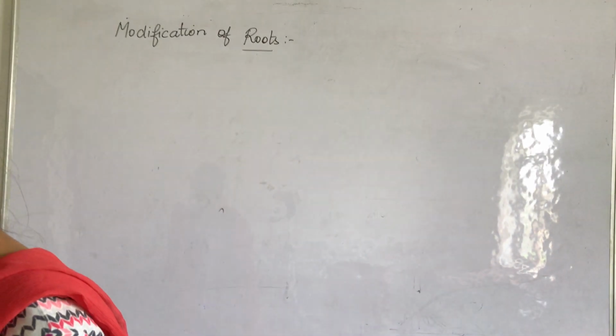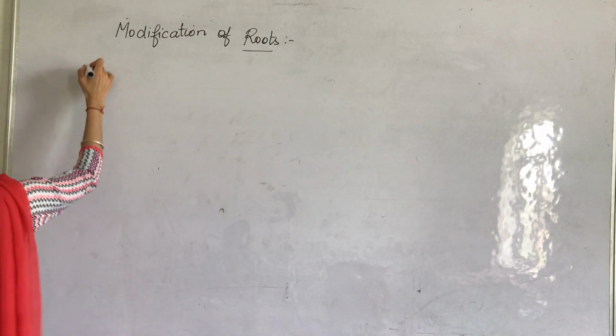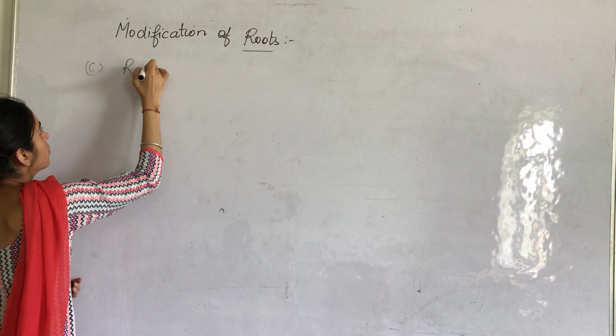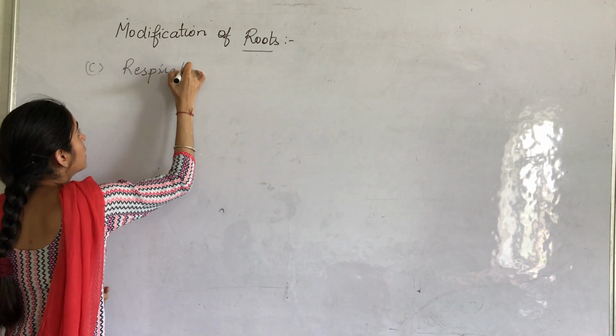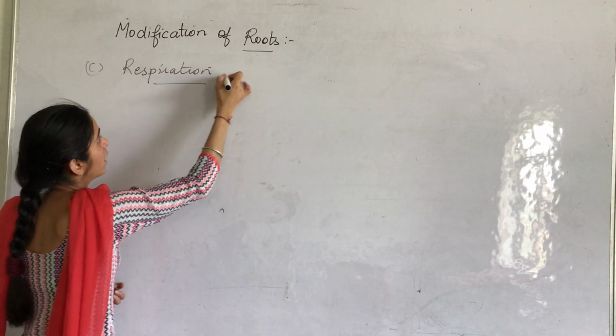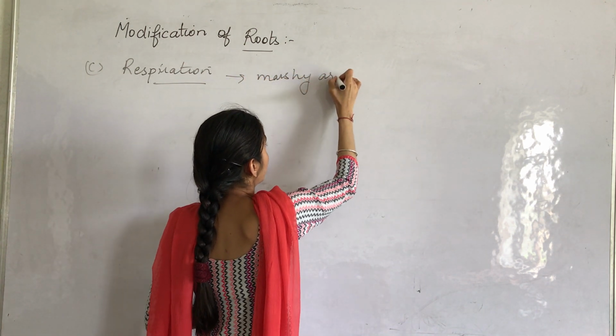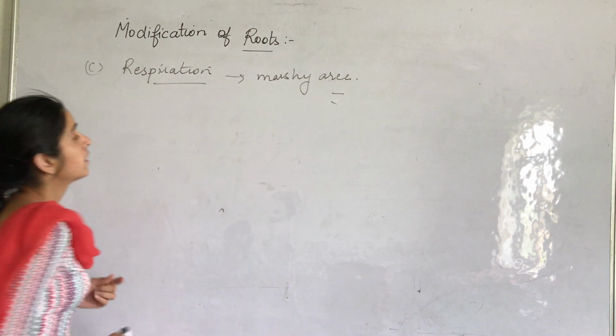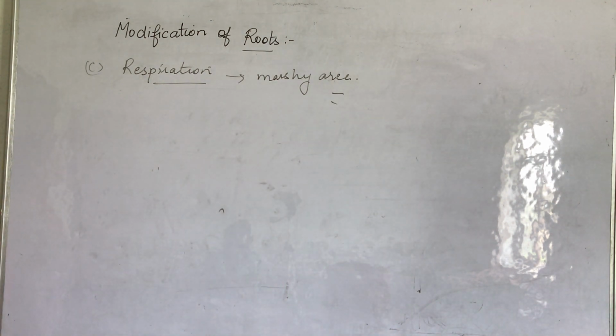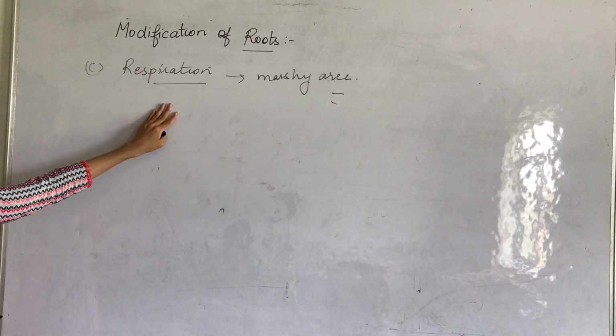Certain plants that grow in marshy or swampy areas have roots that come out from the ground and start performing the function of respiration.